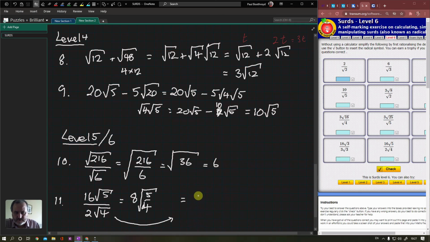No, this one's easy, sorry. Square root of 4, of course, is 2. So that's 4 square root 5.